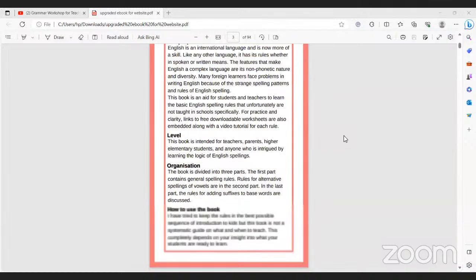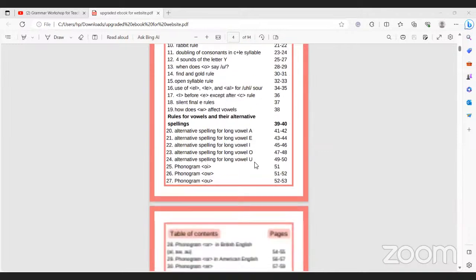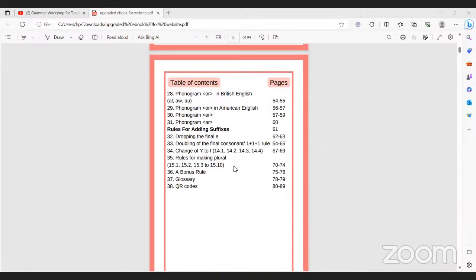Inside, after the acknowledgement, here are the rules that I have covered. We have 36 rules, like change of Y to I. This is the main heading, right? But inside this rule, we have 1, 2, 3, 4 rules.